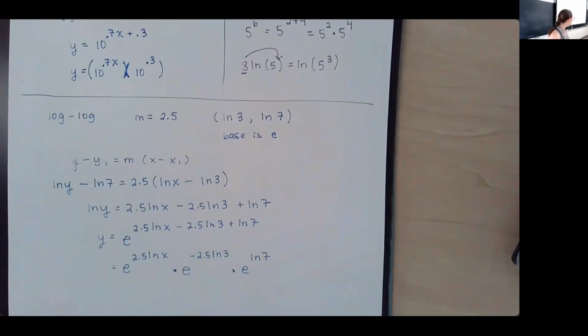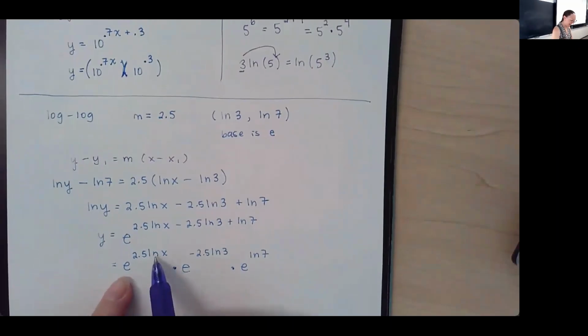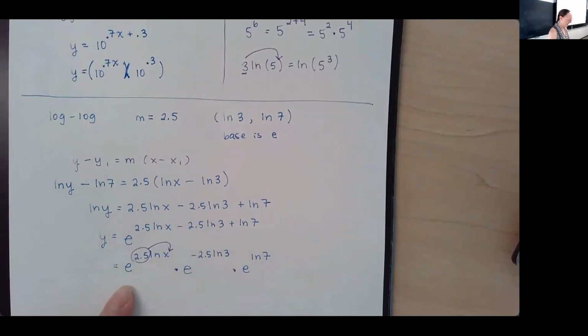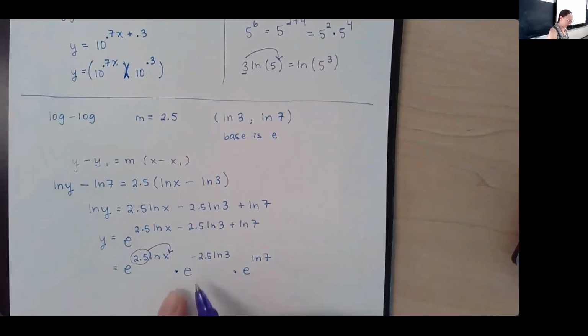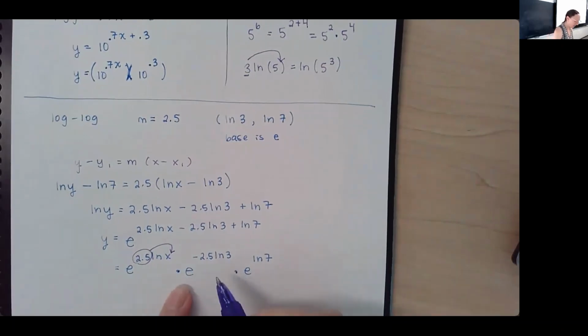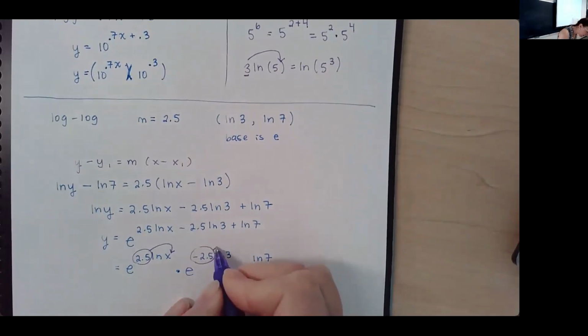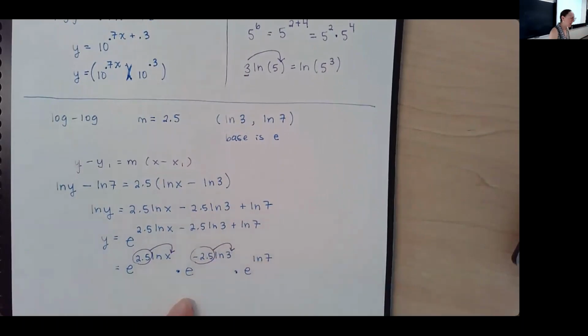So in order to get this e and this ln to cancel out, I first have to take that 2.5 and pop it inside as an exponent. Same thing with this one. If I want that e and that ln to cancel out, I've got to take that negative 2.5 and pop it inside as an exponent. This one's ready to go.